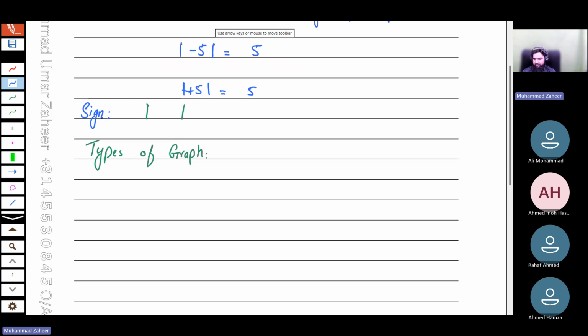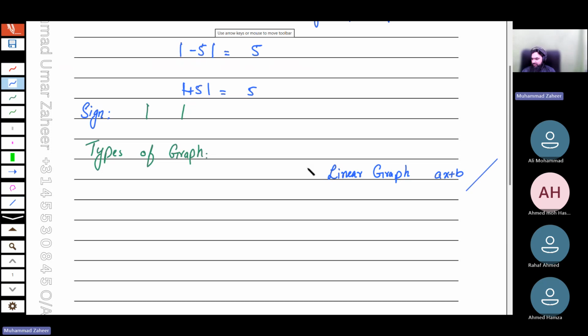The first is the linear graph, which is ax plus b, and it is basically a straight line, right?